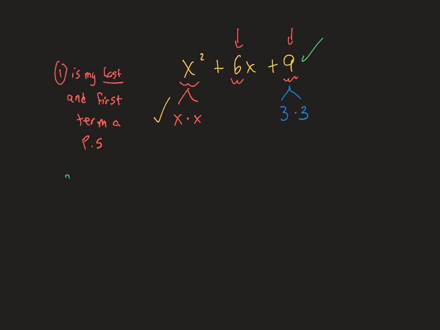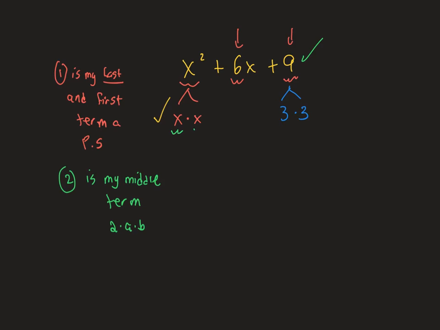Your second check would then be, is my middle term 2 times a times b? Well, the first thing you would have to do here then is determine what your a and b is. So, if my x squared is a perfect square, then of course my a value would have to be the numbers that are multiplying together.